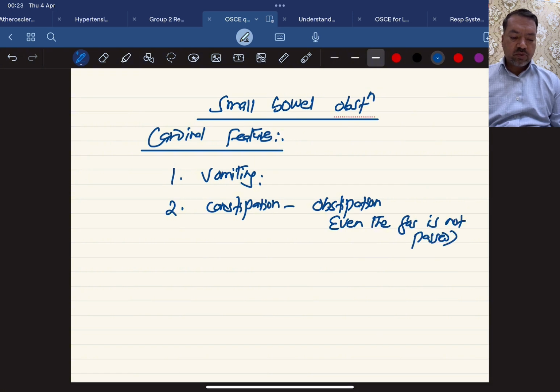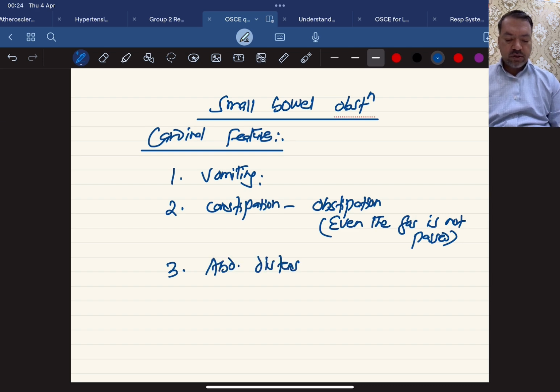This is important knowledge. And number 3 is abdominal distension. Abdominal distension means gradual swelling of the abdomen. And number 4 is abdominal pain. Now this vomiting, dear students, a little bit, 1 more minute, because it's important knowledge.